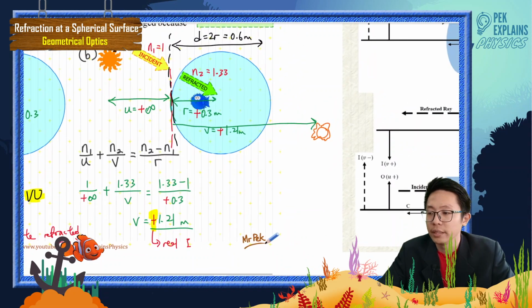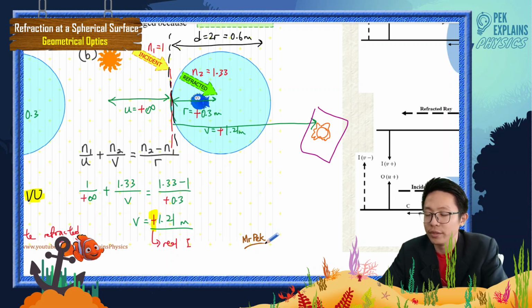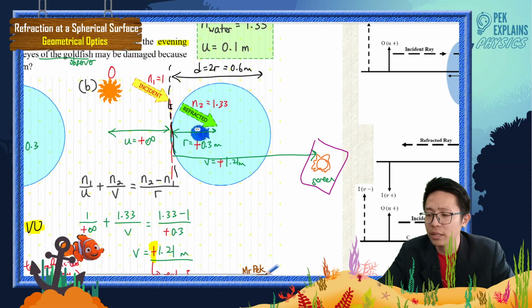That means if you put a screen over there, you can see the sun on the screen. It forms on the screen 1.21 meter away from this surface. 1.21 meter is already bigger than the diameter of the fishbowl.